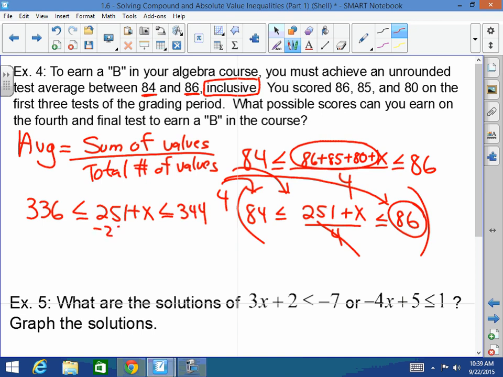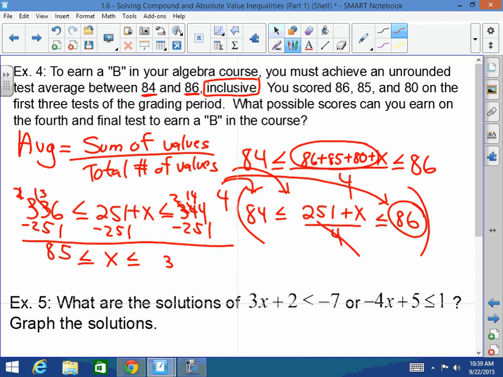Subtract 251 from both sides, and I'm going to have here an 85, and over here a 93. So in order for you to earn a B in that class with the current average you have, you would have to have a test score that is between 85 and 93. And that's the power of inequalities.